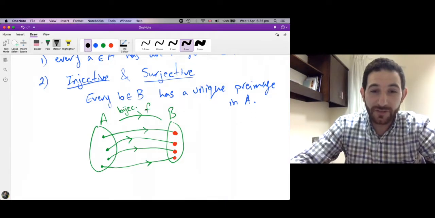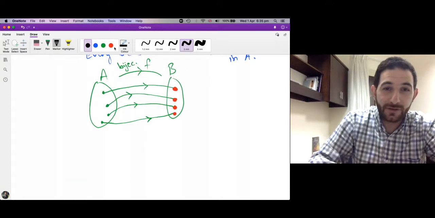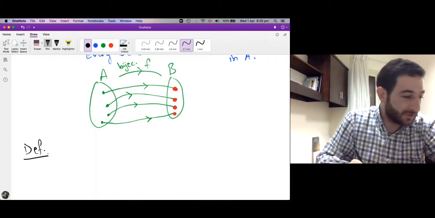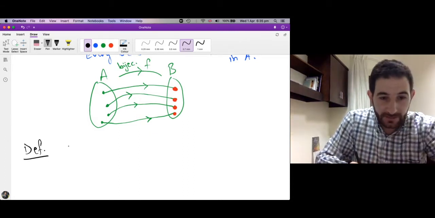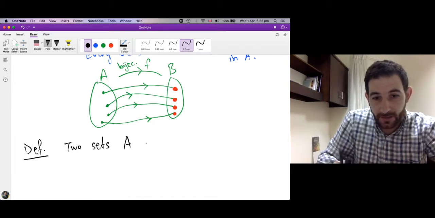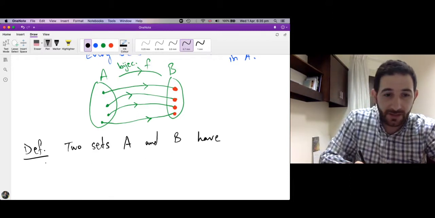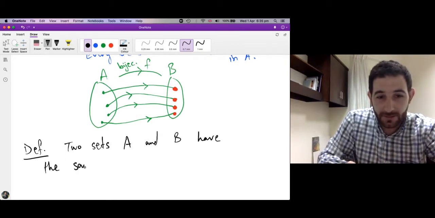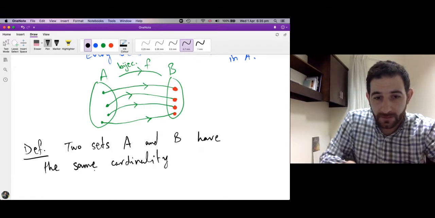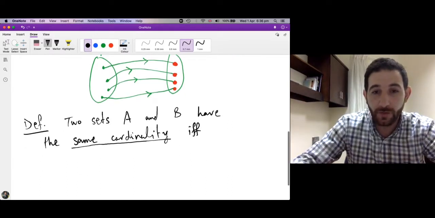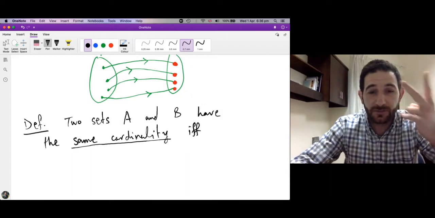So this motivates the following definition. Let me define it. Definition: we say that if we have two sets, A and B, they have the same cardinality or the same size if and only if... When do we want to say two sets have the same size or same cardinality?